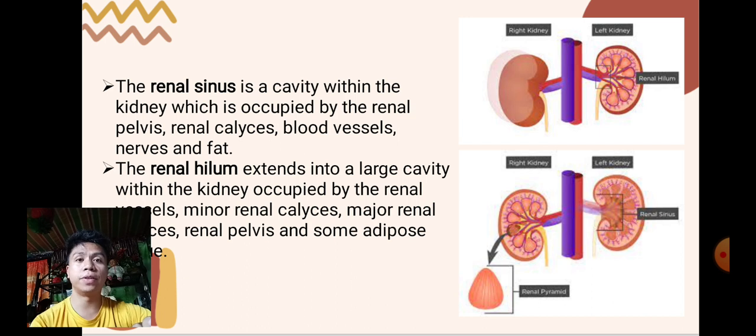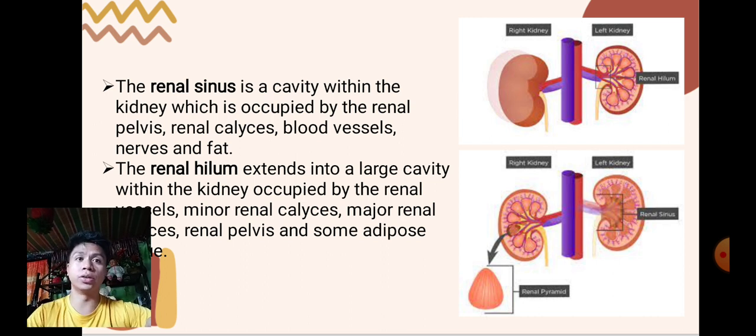Okay, the blood vessels, the lymphatics and nerves join first at the hilum, and this group of connectors or vessels is now positioned in one place that is called the renal sinus.